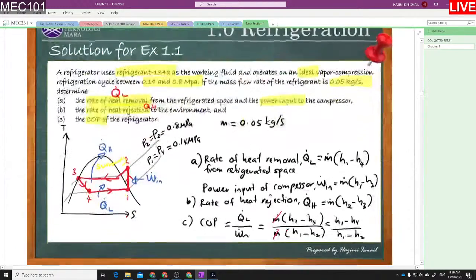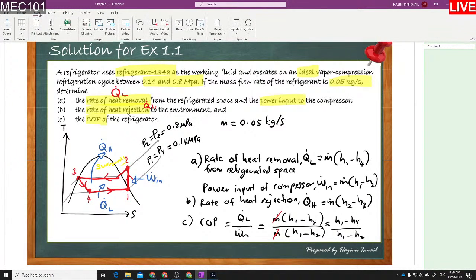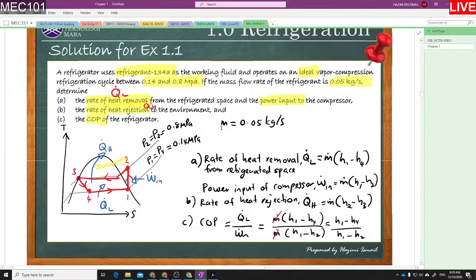So example dah saya tunjuk dekat sini. Apa yang kita kena cari sama macam yang kita belajar dalam thermodynamics. Nak dapatkan QL dekat sini, so we have to know the value of enthalpy dekat 1, kena tahu enthalpy dekat 4. Boleh? So enthalpy tu kena cari dekat mana? Kena cari dalam awak punya properties table.